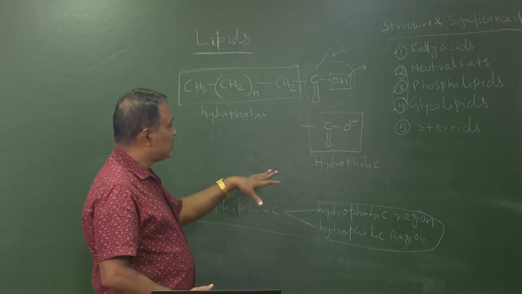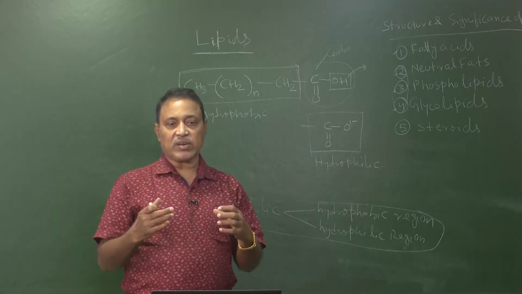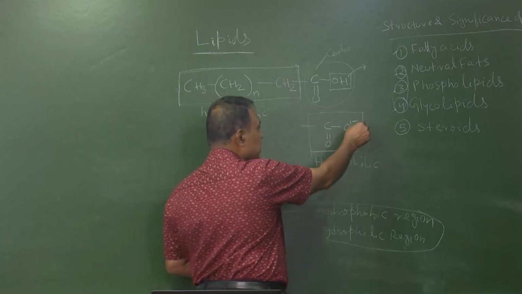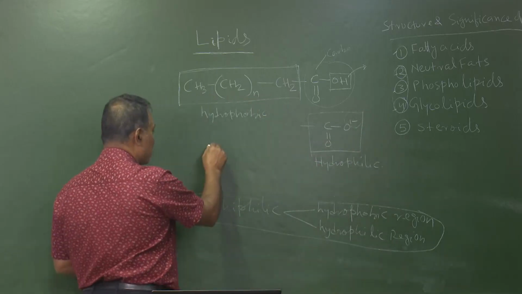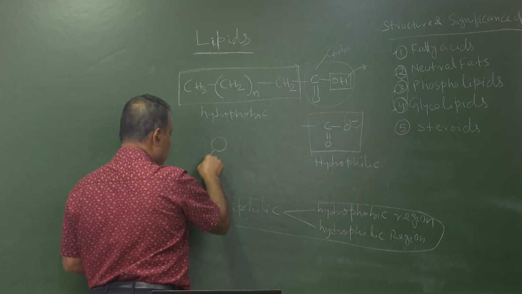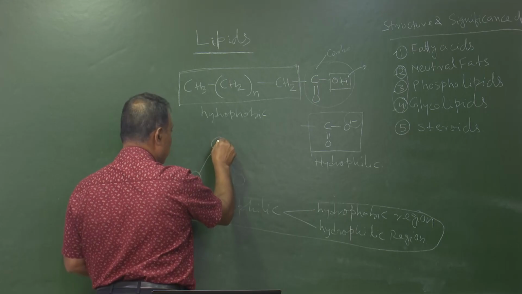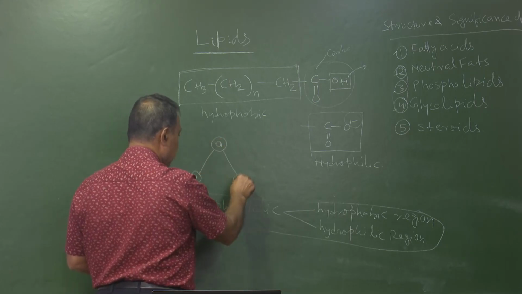Whereas when we say hydrophilic, water molecules will be very closely positioned to them, because here is a negative charge, and water molecules are having charges on them. This is a water molecule, this is oxygen, and this is hydrogen, this is hydrogen.